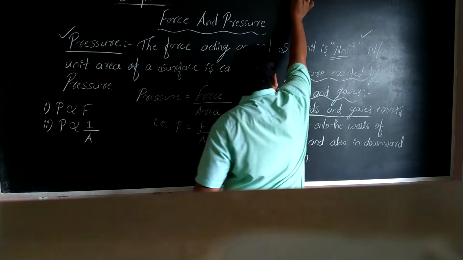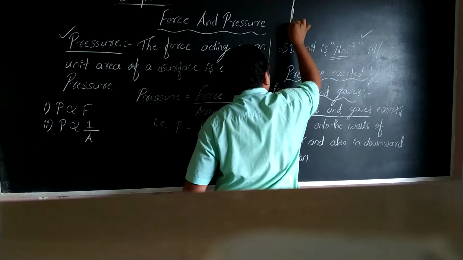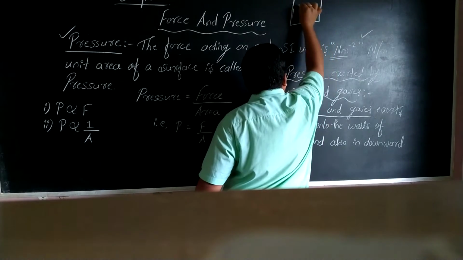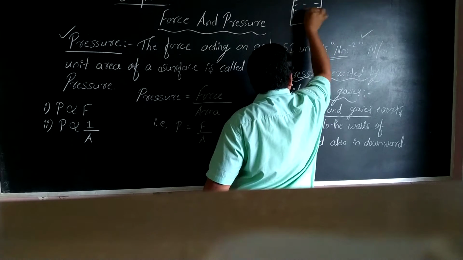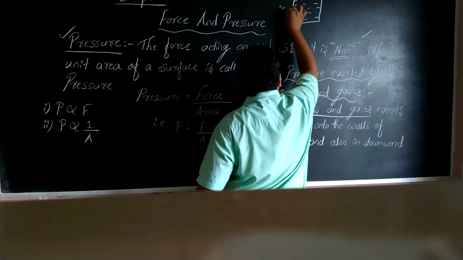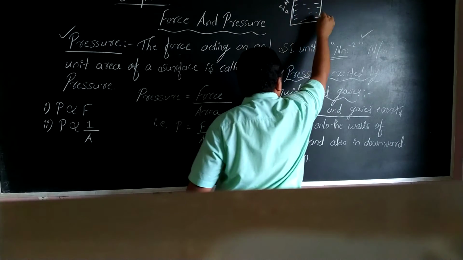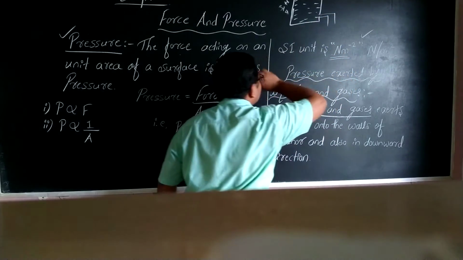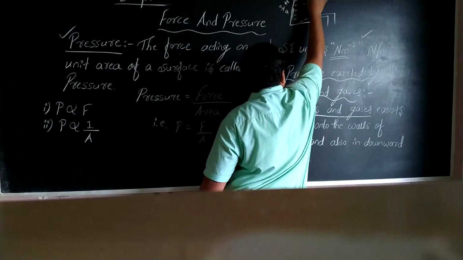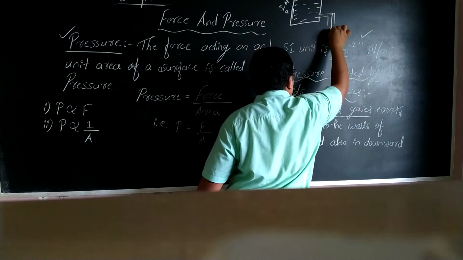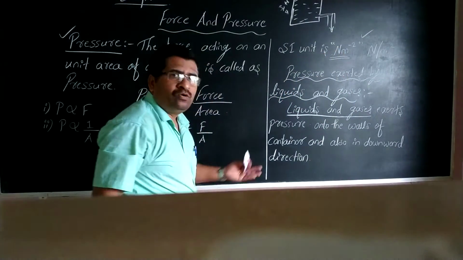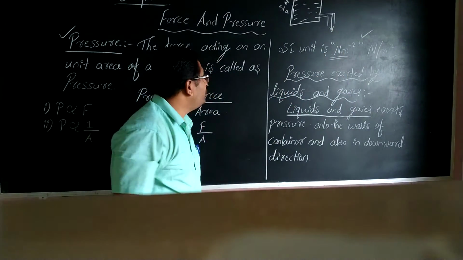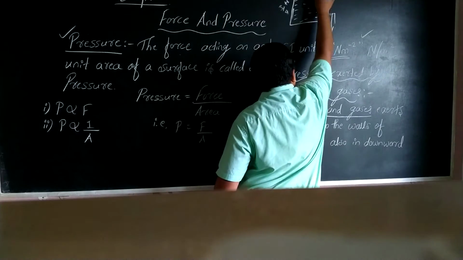So the explanation is like this: the beaker is filled three-fourths with water, and when a hole is made at the bottom, the water starts to flow down with a lot of pressure, even though no force is applied externally.